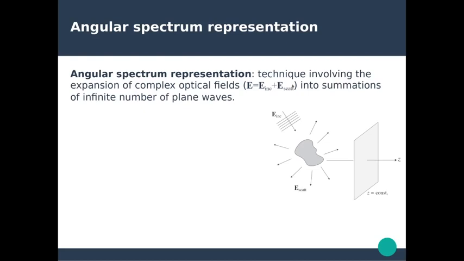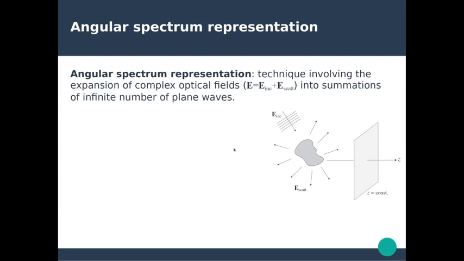So if you look at any type of realistic configuration where you have a system, an incoming field, and some scattering fields, and you're interested in the electric field at a given location in space, it's going to be a superposition of both fields, so it can become very messy. Even if you know an analytical expression for the incoming field, the fact that you have a scattered field superimposed on top of that makes it very hard to estimate the field there.